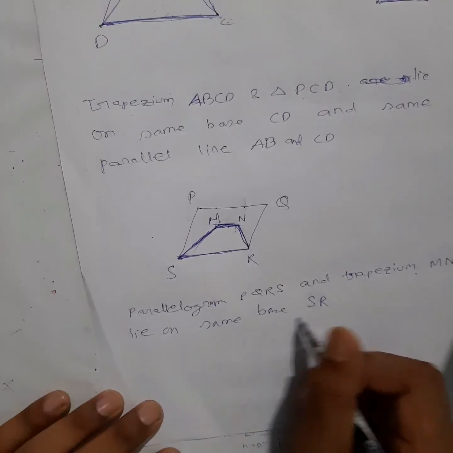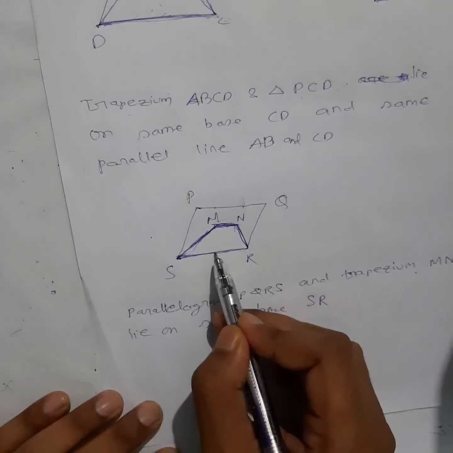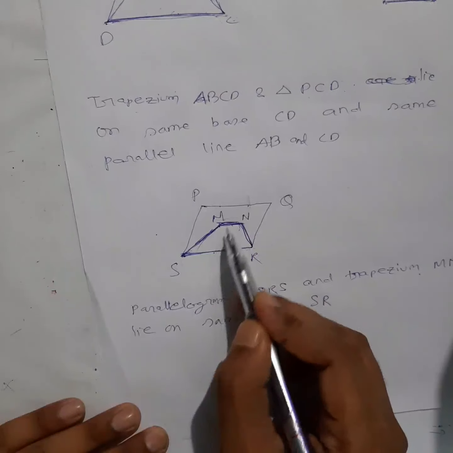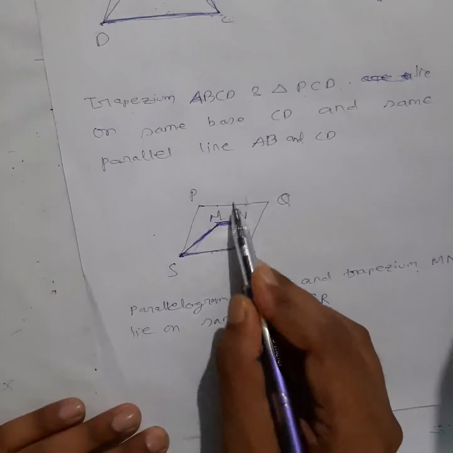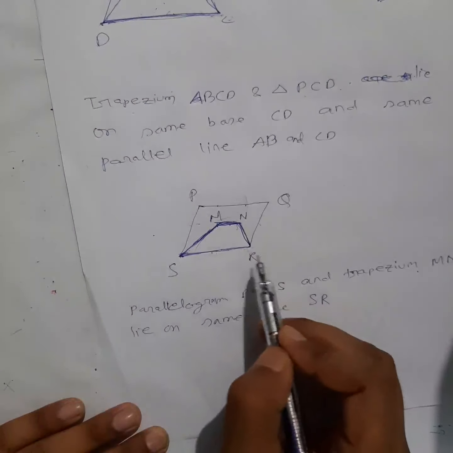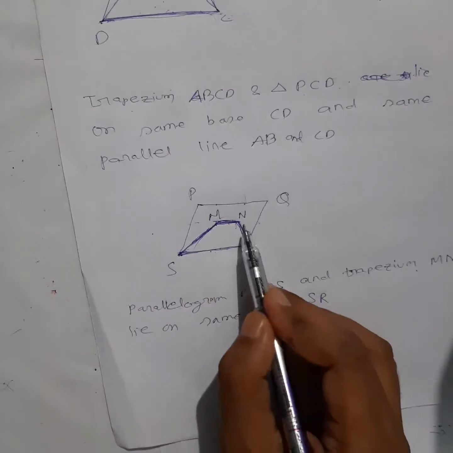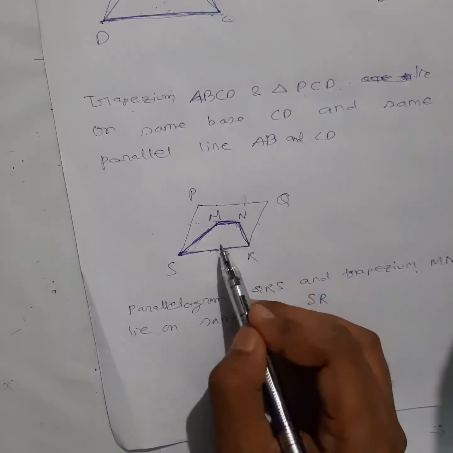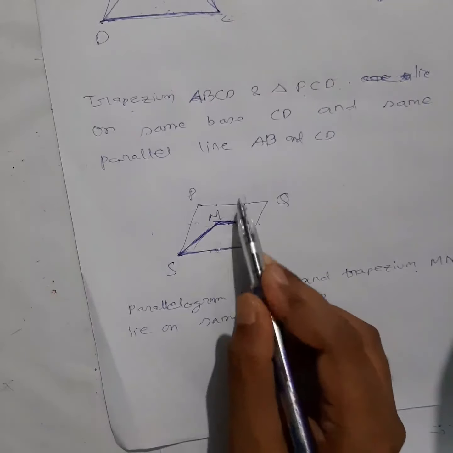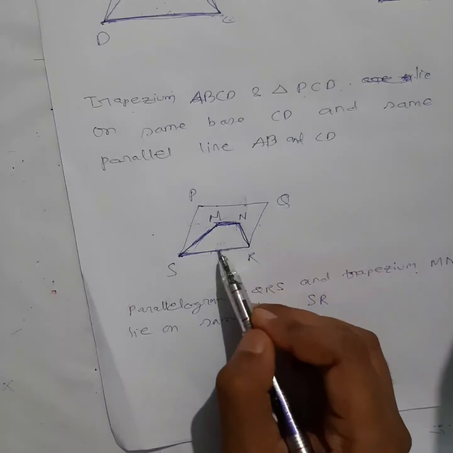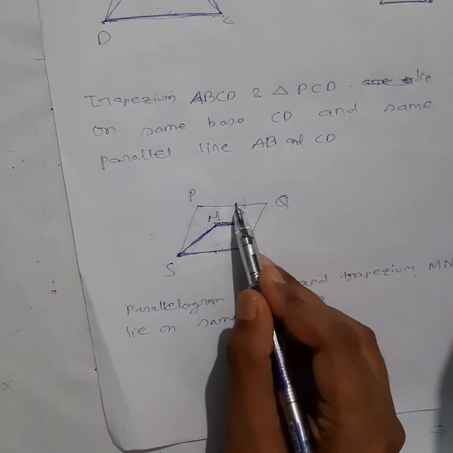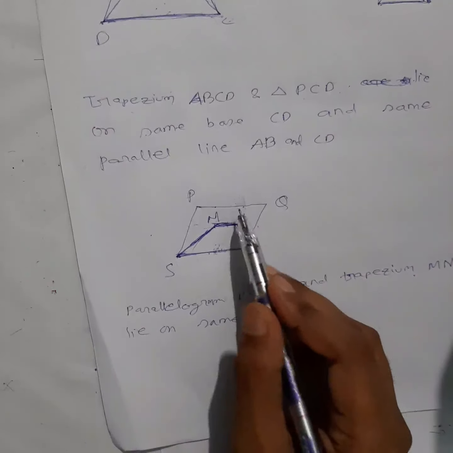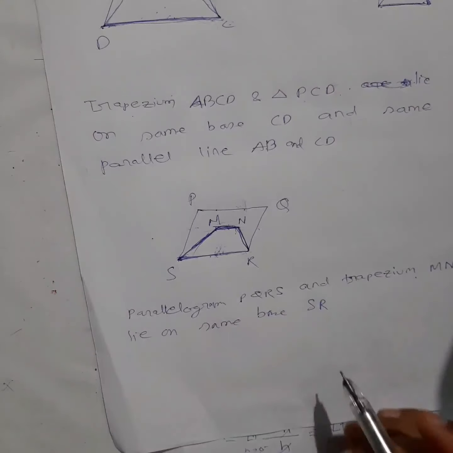Same base it is lying on, right, both the quadrilaterals, but are they on the same parallel line? For this PQRS you can see this is the parallel line, and you can consider this is also a parallel line. But see here, for the trapezium, this is the parallel line. So for both figures, the parallel lines are different. For this quadrilateral, this is the parallel line, and for that quadrilateral, that is the parallel line. So they are not lying on the same parallel line, right?